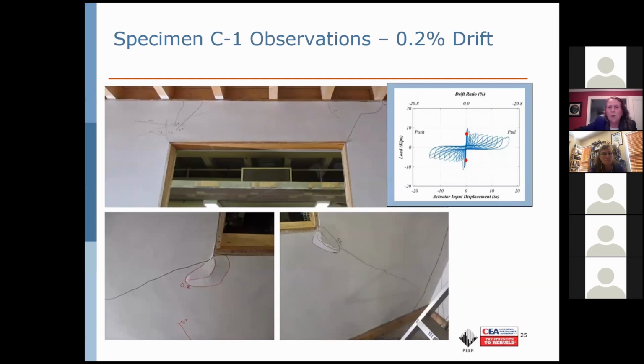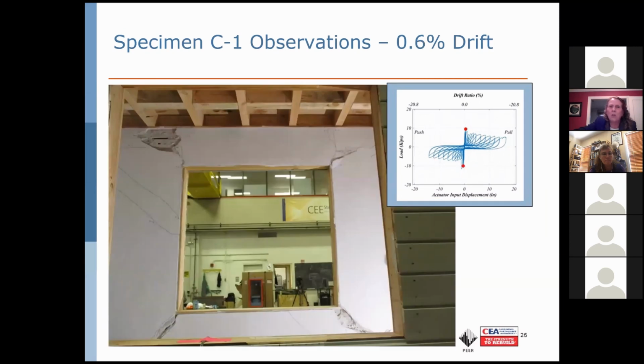We got a surprise the very, very first loading cycle that we did at 0.2% drift. First time we pushed it, there were huge pops, and we started to get buckling and delamination of the plaster on the interior. We had no idea that it would give out that soon.